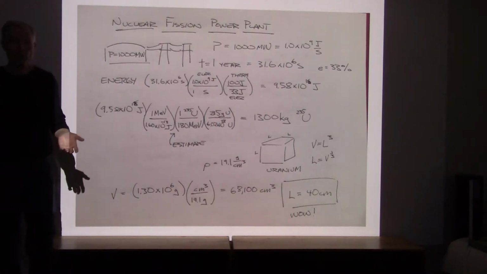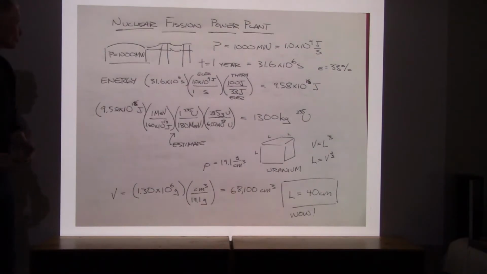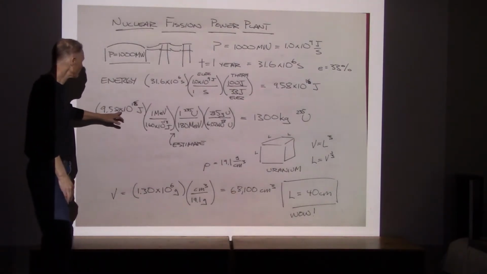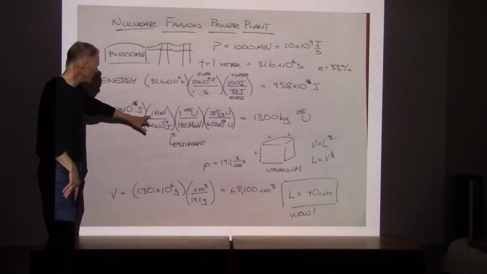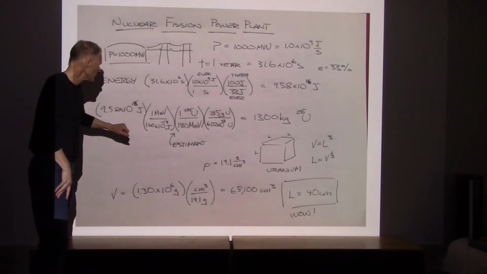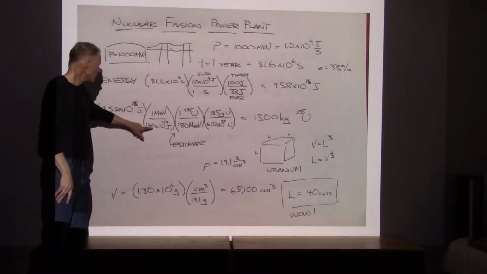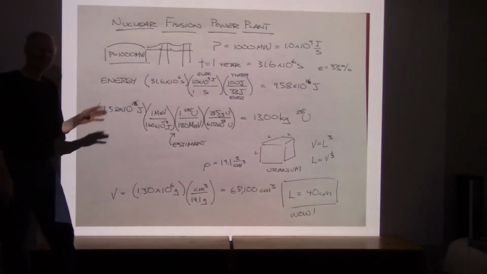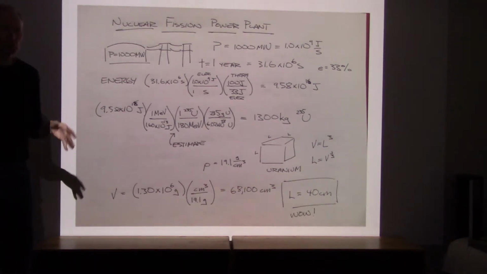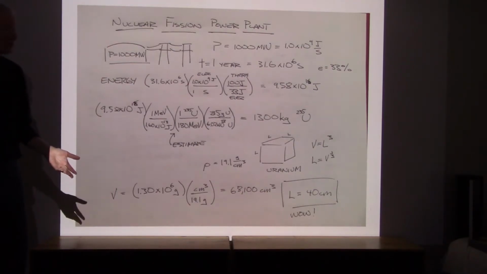How much uranium-235 do we need to generate that amount of thermal energy? So, 9.58 times 10 to the 16th joules. I'm going to convert that into MeV. This is my MeV converter right here. Remember, it's MeV, not eV. So the conversion is 1.60 times 10 to the minus 13 joules, not 10 to the minus 19, which we're used to writing down, but 10 to the minus 13 because it's MeV.